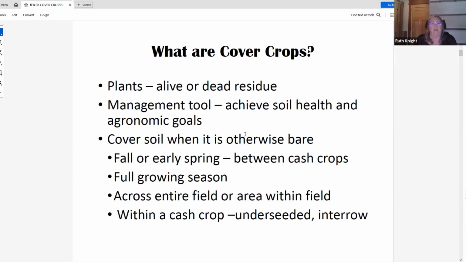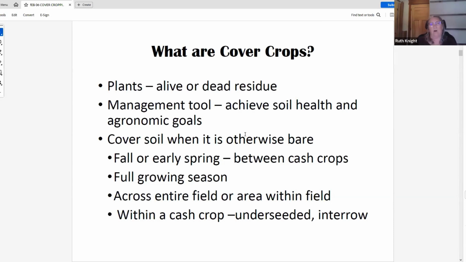We can have them in the shoulder years, either in fall or early spring, and recognizing that's a significant challenge in your prairie environment. There are full growing season cover crops where the cover crop management is the primary focus as opposed to the cash crops.